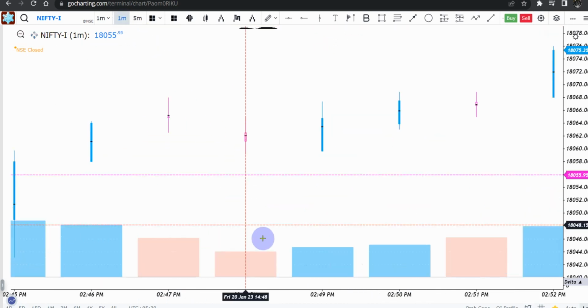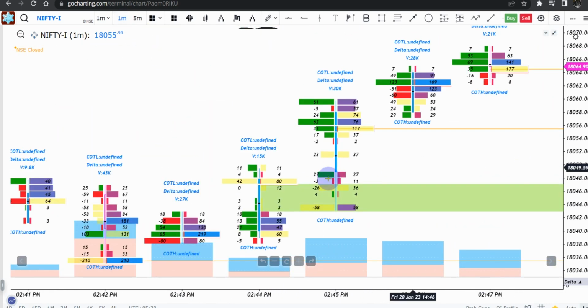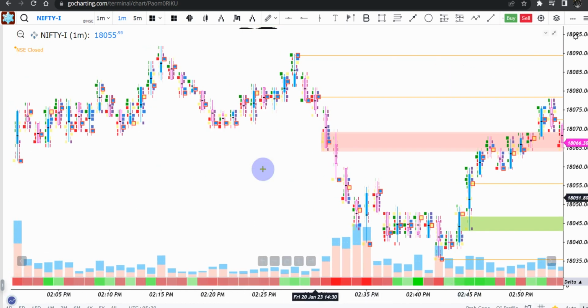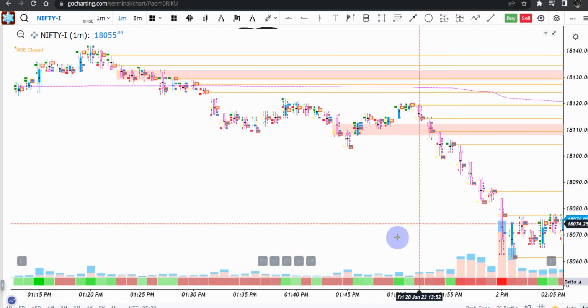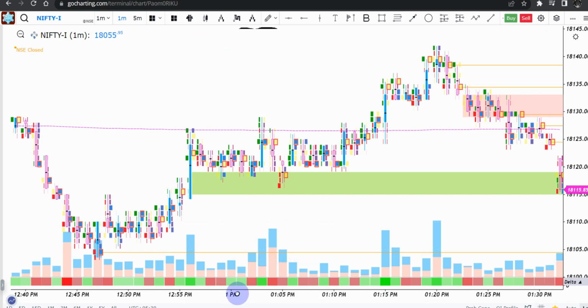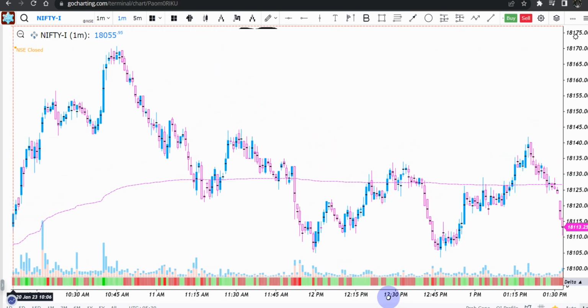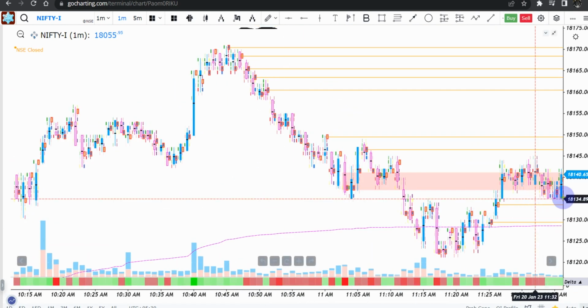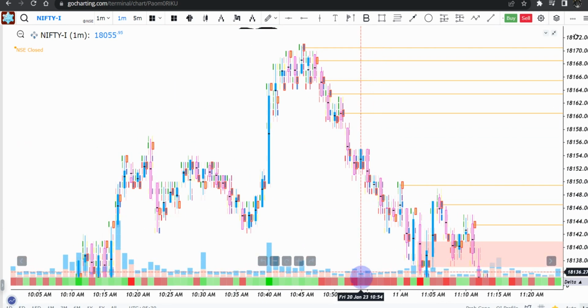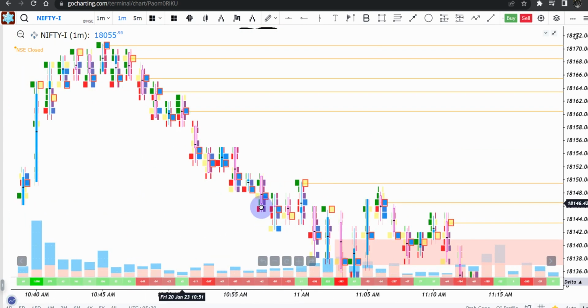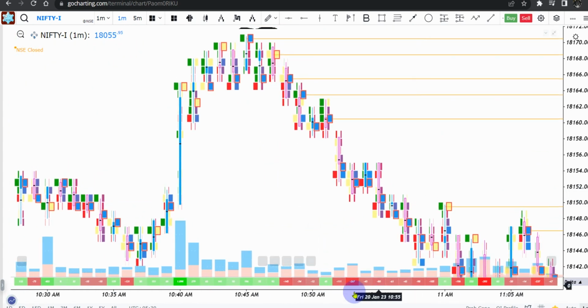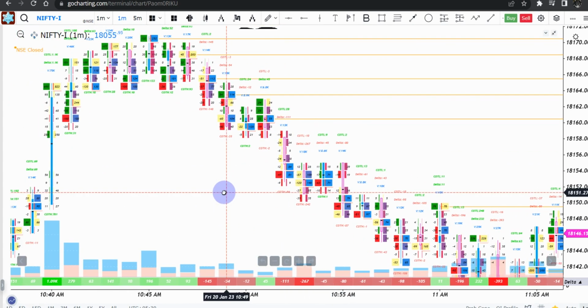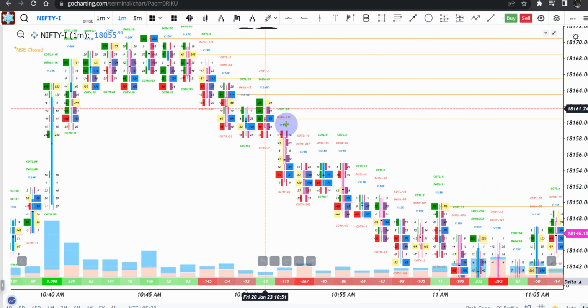Getting into the 1 minute chart, we'll just have a look at where exactly we could have taken a trade. So this is the area, the imbalance zone is there, and let's just mark it with a short long tool. This is the place where we decided to take a trade.